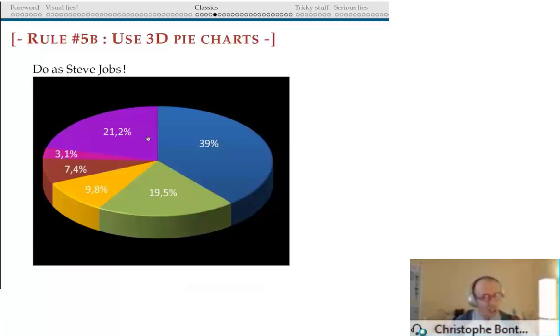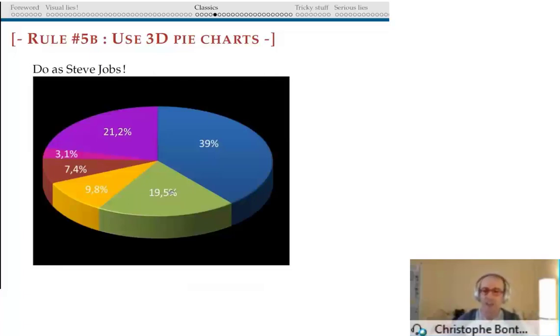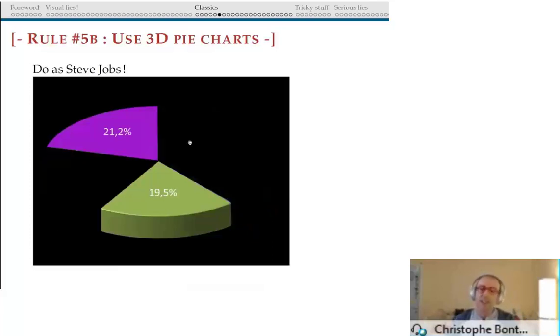So it is no doubt that it's by, let's say, good chance that Apple was in the front here, because its share was maybe not so big, and he wanted to convince that Apple has a big share in the market, and it worked. Now, probably not because of that, but when you use 3D pie charts, you enlarge this, and really by a lot. And this is a lie.